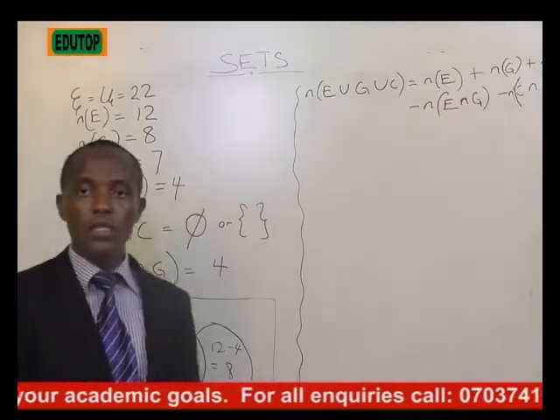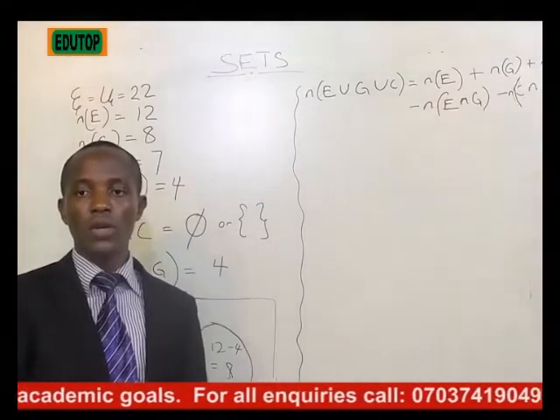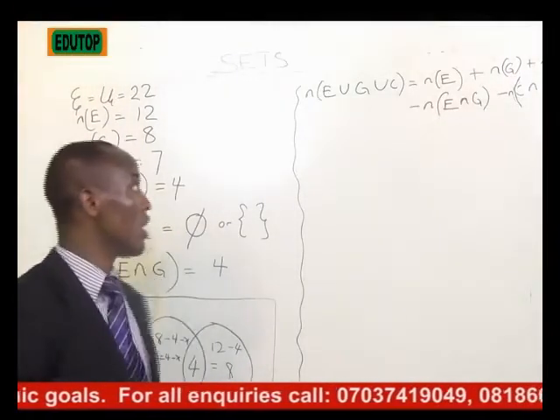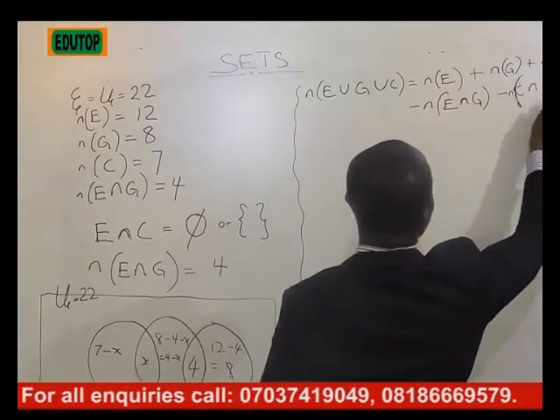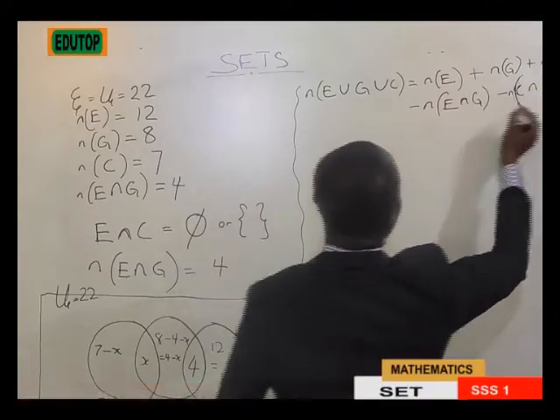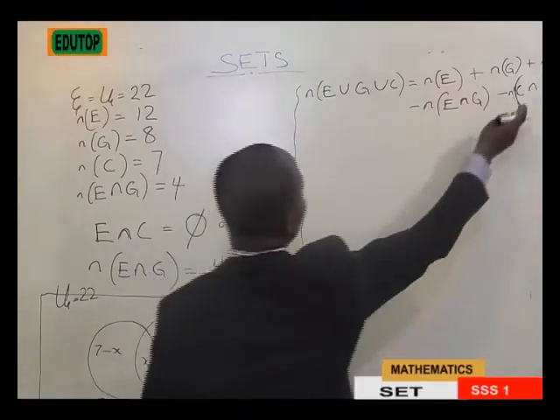And our question is to determine the number of students offering chemistry and government, which is our unknown. So we are going to make this the subject of the formula.